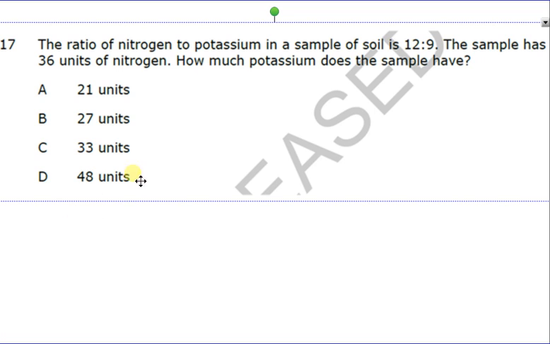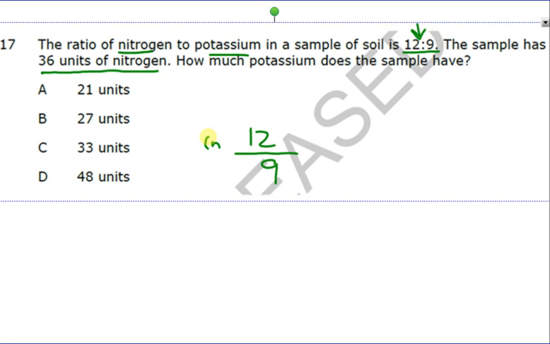All right, the second question. The ratio of nitrogen to potassium in a sample of soil is 12 to 9. Right here, this tells me I have a ratio because that's what ratios look like. The sample has 36 units of nitrogen. How much potassium does the sample have? So this right here is the first part of my proportion, 12 to 9.